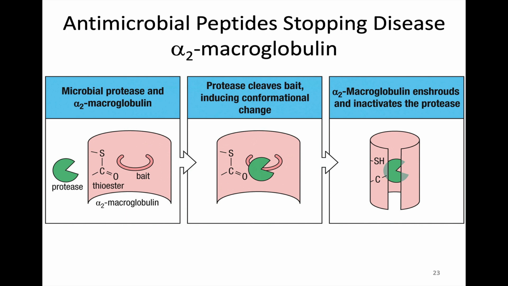I have trapped you. And so the microbe doesn't die. The microbe keeps on living. We haven't targeted the microbe at all. But the thing that's actually going to cause damage, we've trapped and inactivated. And so we've got a lot of strategies with a lot of different antimicrobial peptides that may block microbes from actually causing potential damage.